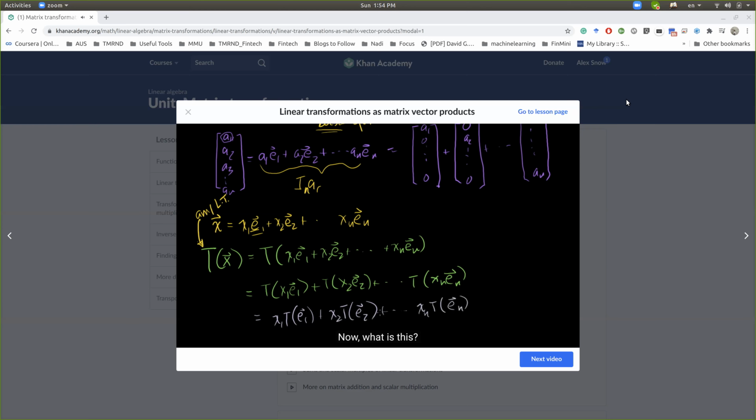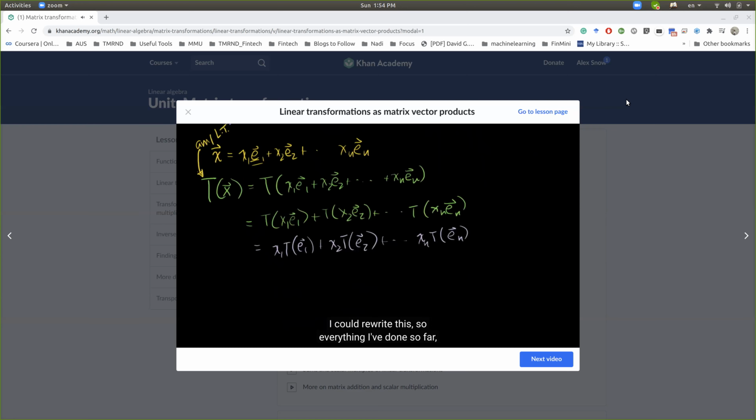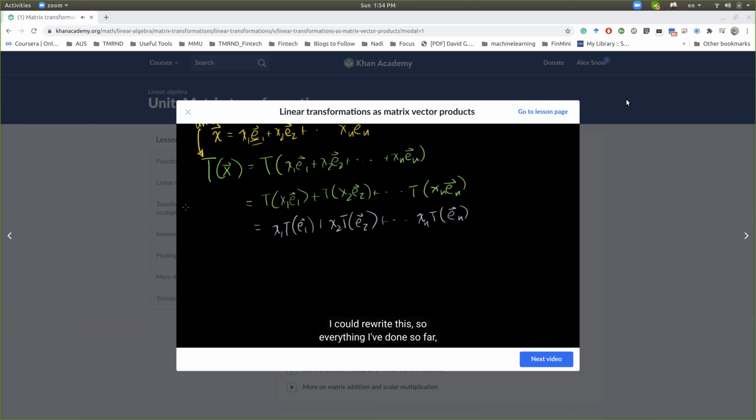Now what is this? I could rewrite everything I've done so far: the transformation of x is equal to that, which, using our properties of linear transformations, has to be true for all linear transformations.